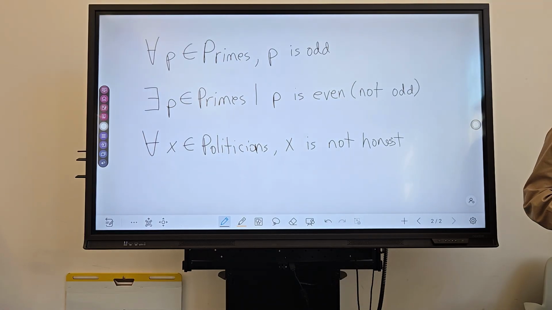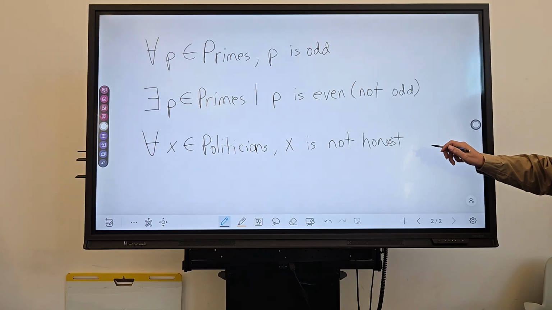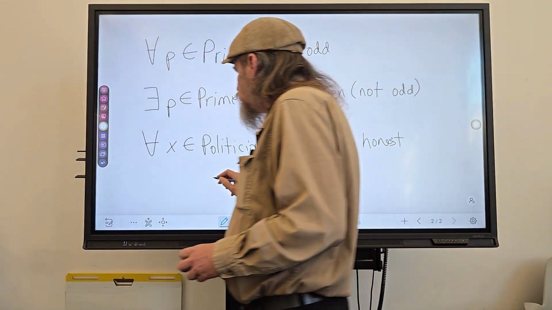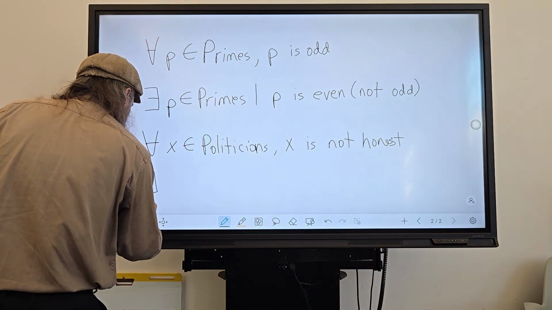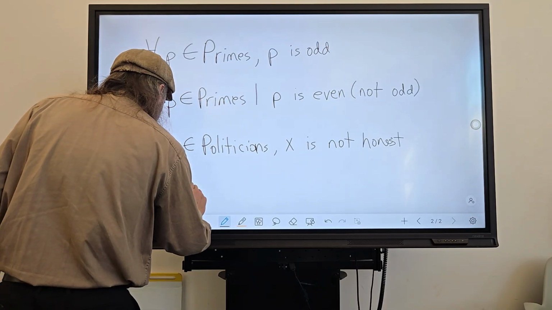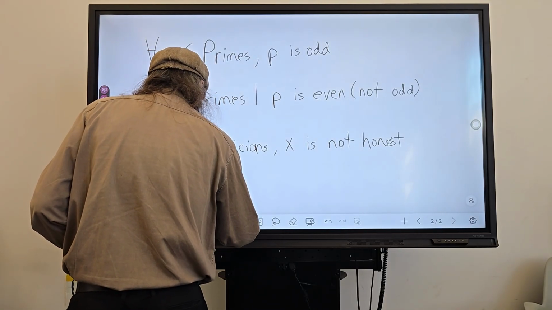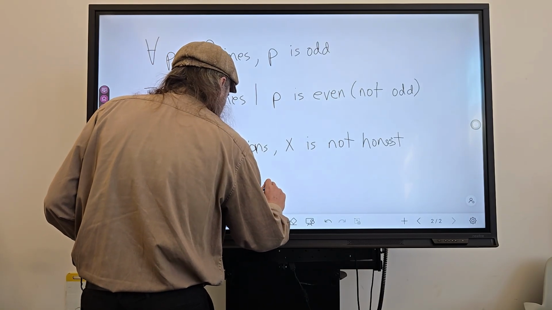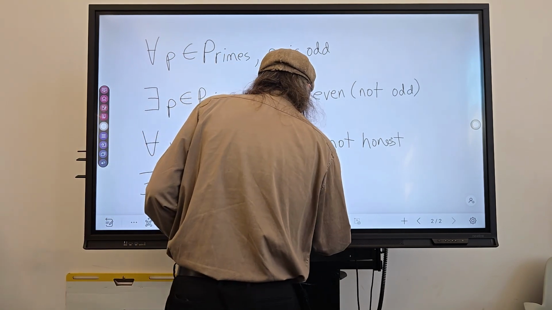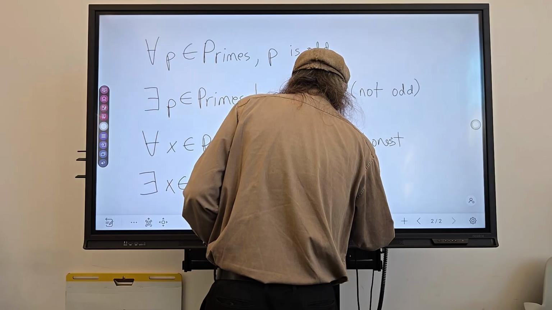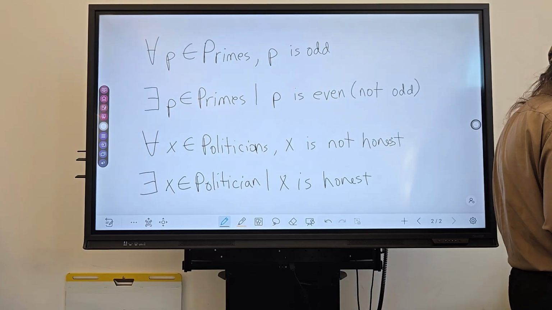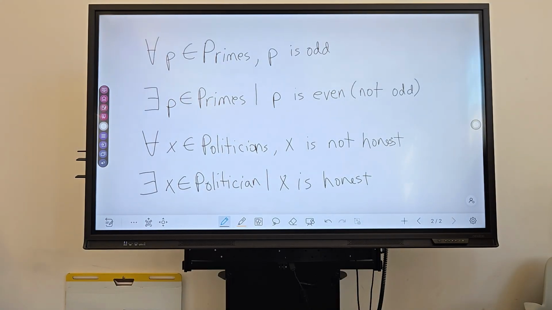So you write it out formally and then negate it to there exists a politician x such that x is honest. The informal negation would be some politicians are honest.